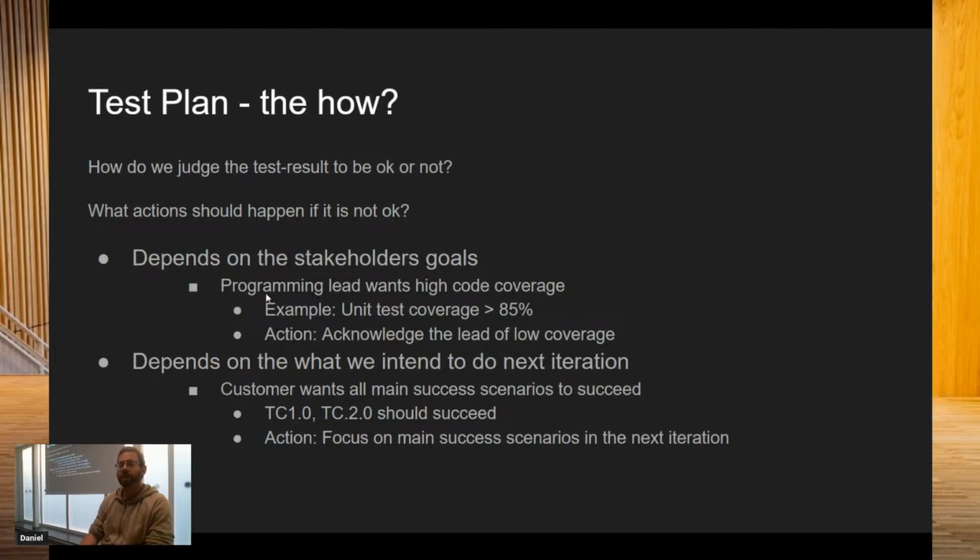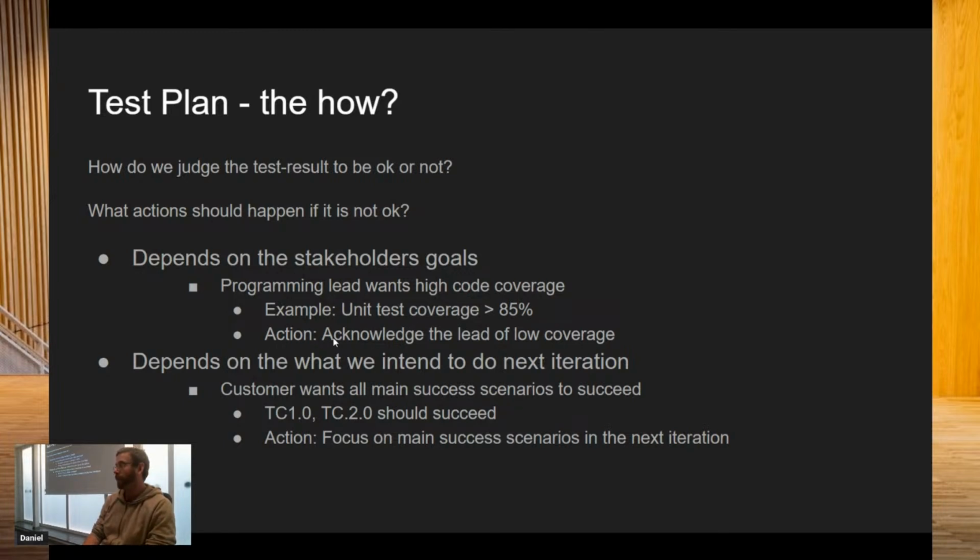So for instance, if the programming lead wants higher code coverage, we could say that it's good if it's above 85%. If you're working with assignment 1, part 2, you know that it could be quite painful to create the last 95 to 100% because it's hard to test the code probably. So maybe we say that it's good enough if we have 85% code coverage.